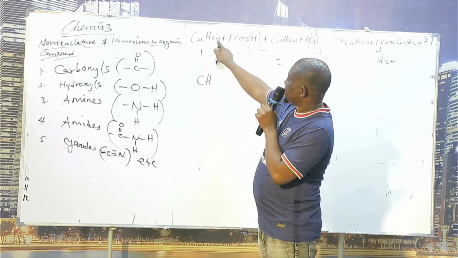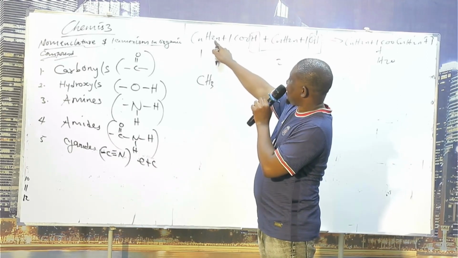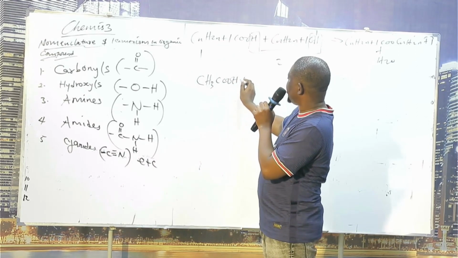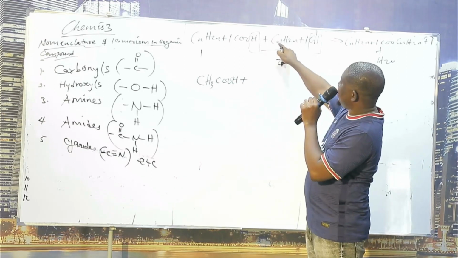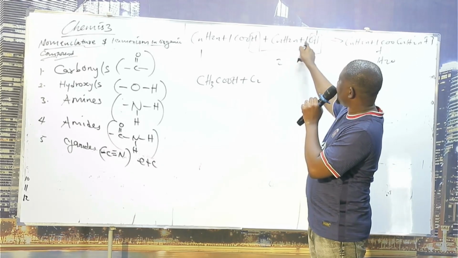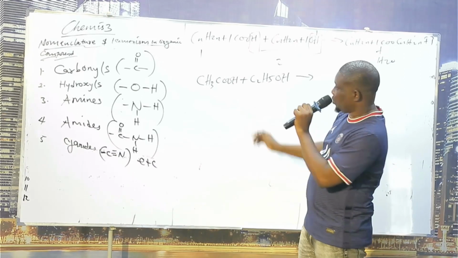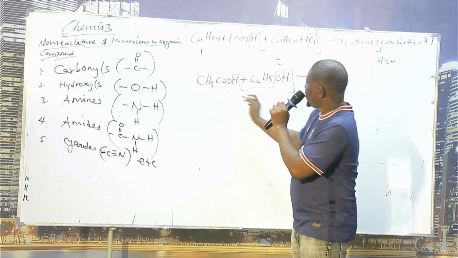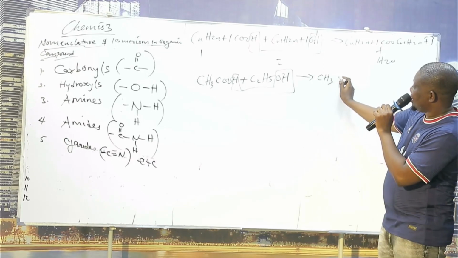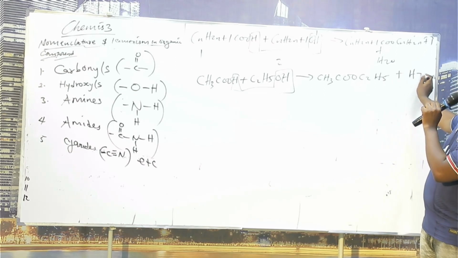So we have 1 times 2, 2 plus 1, 3: CH3COOH. Plus, anywhere I see this n, I put 2. Times it with 2, what do you have here? 4, plus 1, 5: C2H5OH. Let me react the two of them: CH3COOC2H5 plus H2O.